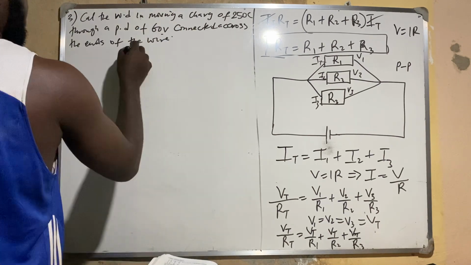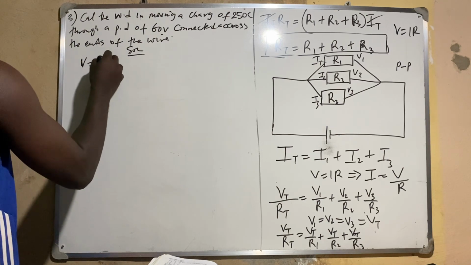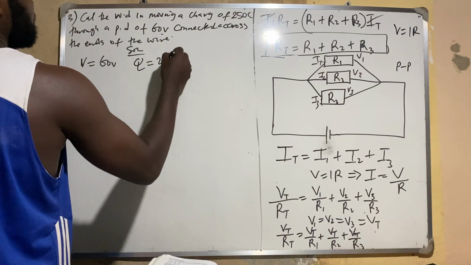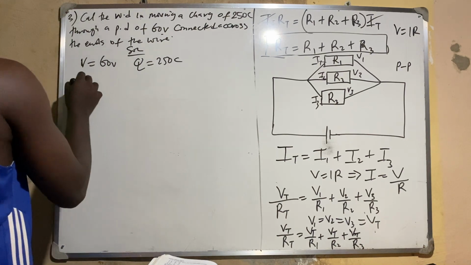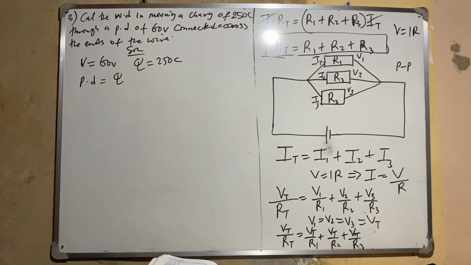Okay, solution, very simple. They gave me my potential difference V as 60 volts, and my charge as 250 coulomb. I know that potential difference is the work done per unit charge.